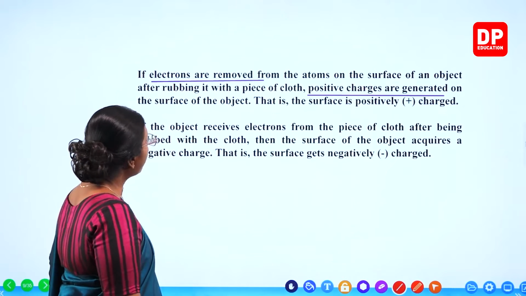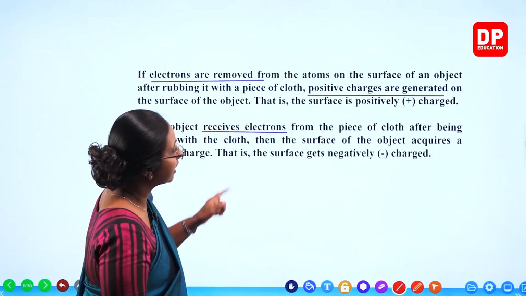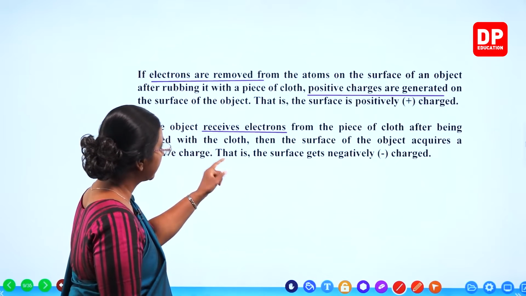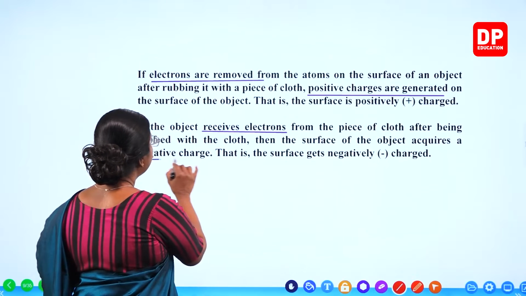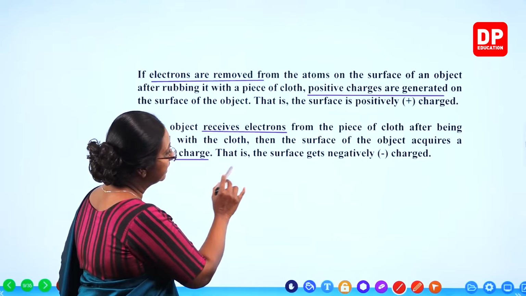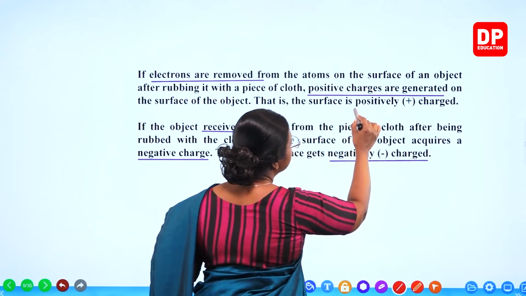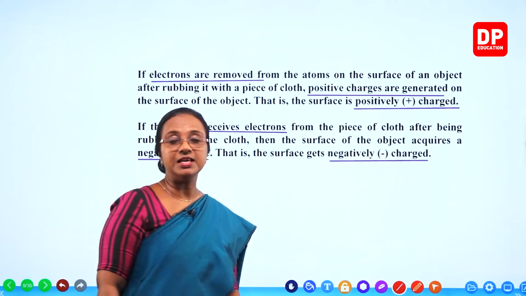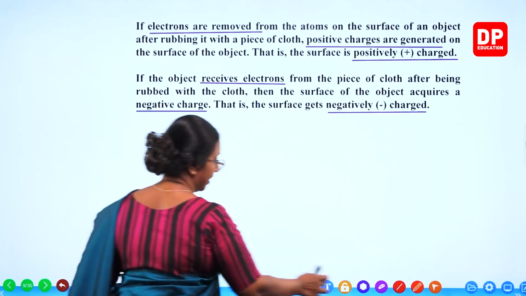If the object receives electrons from the piece of cloth after being rubbed with the cloth, then the surface of the object acquires a negative charge. That is, the surface gets negatively charged. And here the surface gets positively charged. So you can remember those two activities.